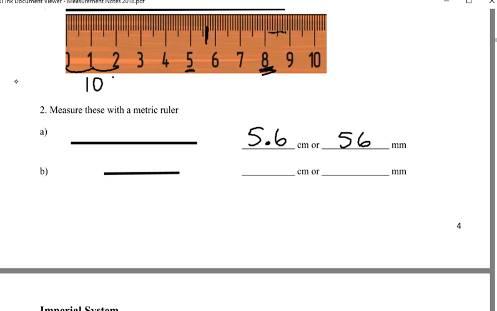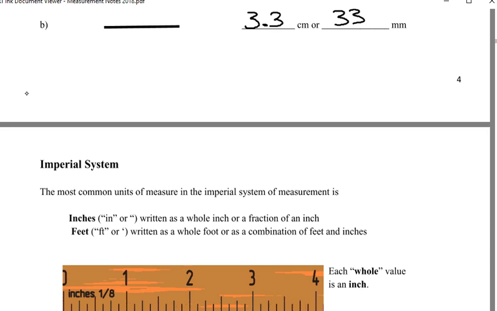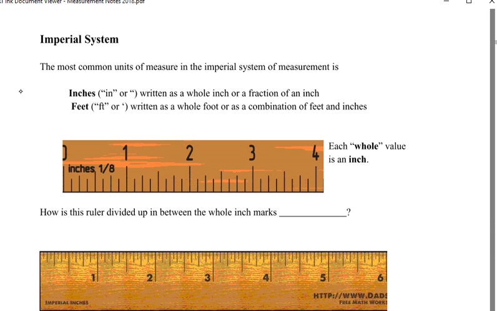So 10 more takes me to 20, to 30, to 40. There's 50 and 1, 2, 3, 4, 5, plus the 6. There's our 56 millimeters. And the one underneath that, I would say is 3 and 3/10 centimeters or 33 millimeters. So, metric ruler, nice because it's decimals and broken into tens.